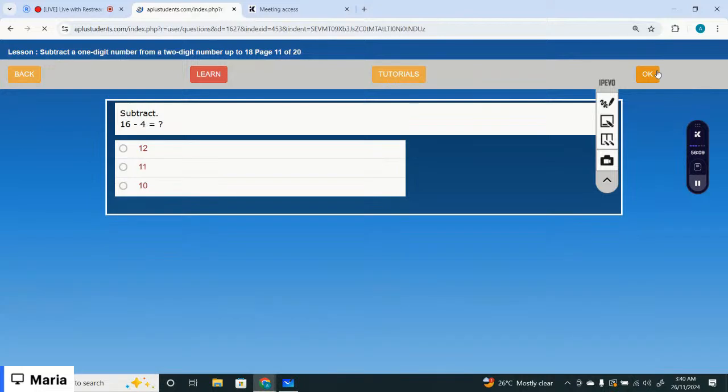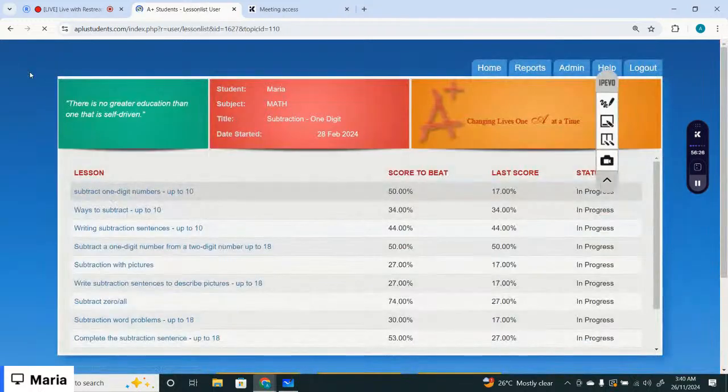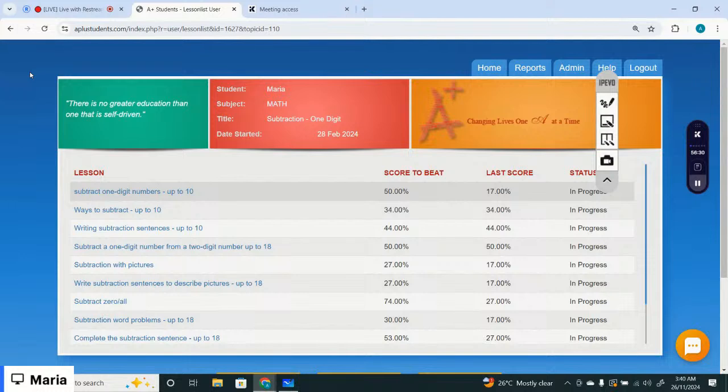Okay, you can complete the lesson by yourself later today. So, we were working on grade 2 math. The chapter we were working on is subtraction one digit, and the lessons we have covered today are subtract one digit numbers up to 10, ways to subtract up to 10, writing subtraction sentences up to 10, subtract a one digit number from a two digit number up to 18.